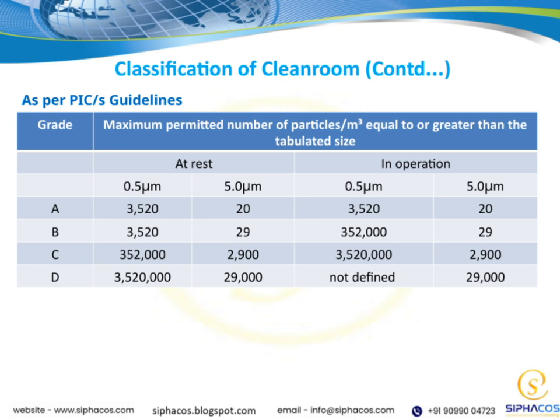The key point here is that these classifications help ensure the controlled environments necessary for different pharmaceutical or biotech processes, with stricter limits for higher-grade cleanrooms. This table highlights how particle counts are managed and monitored to maintain the required level of cleanliness throughout different operational states.